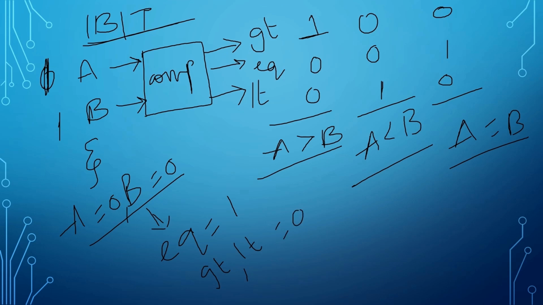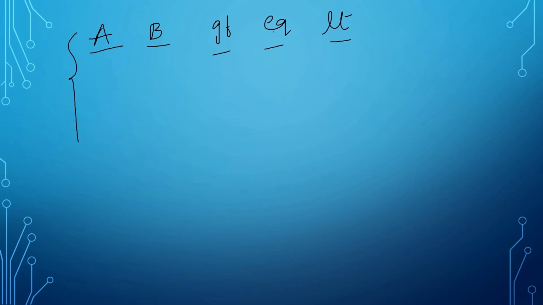Let us see what equations we get by using the truth table. What we considered before, A and B are inputs, and GT, EQ and LT are outputs, right? So how many combinations do we get? 2 square equal to 4 combinations we get.